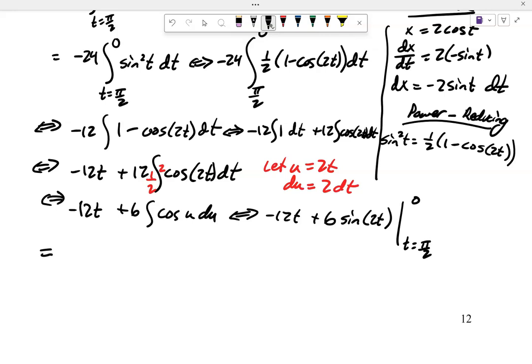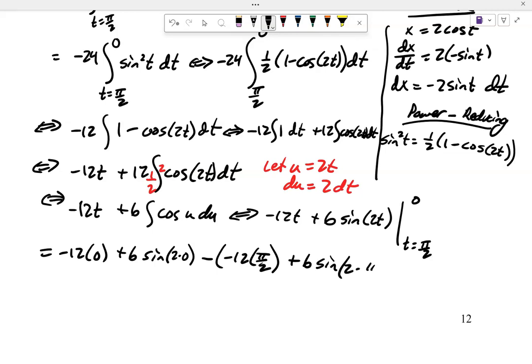So I've got that's 2 times 0 minus, 6 sine 2 times pi halves.